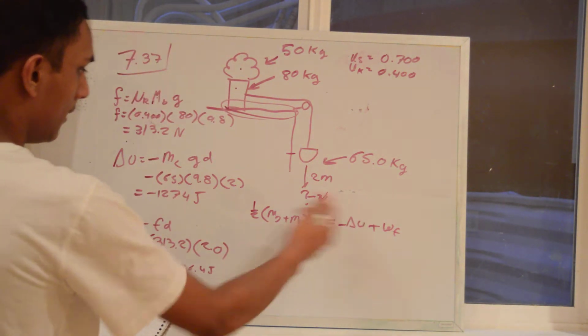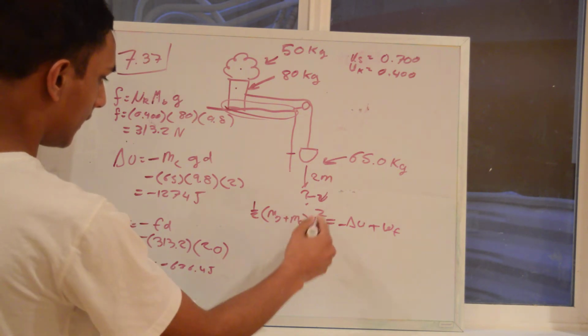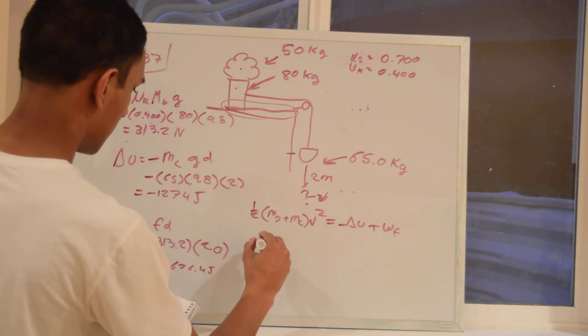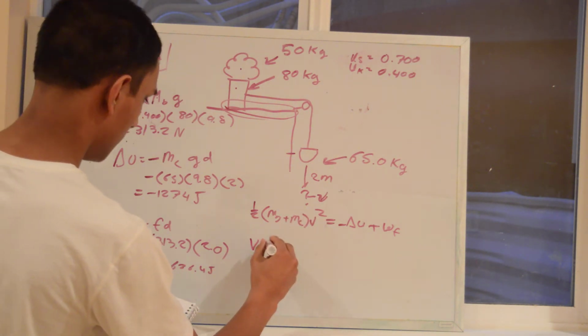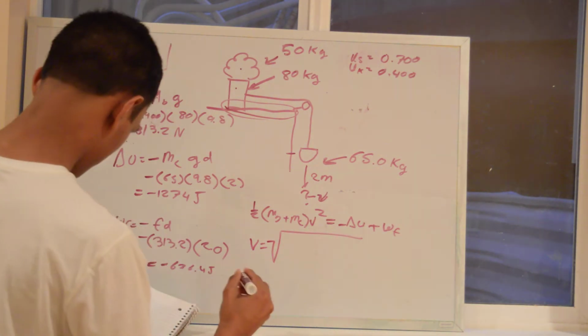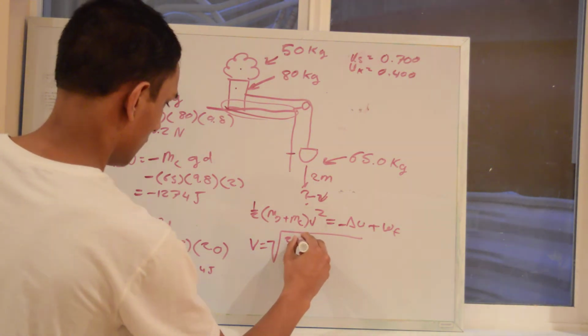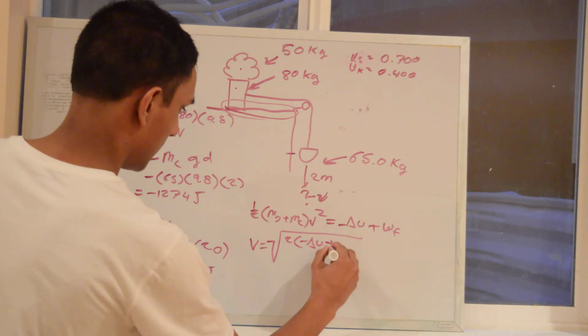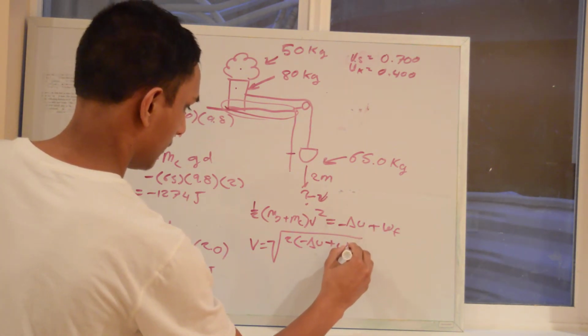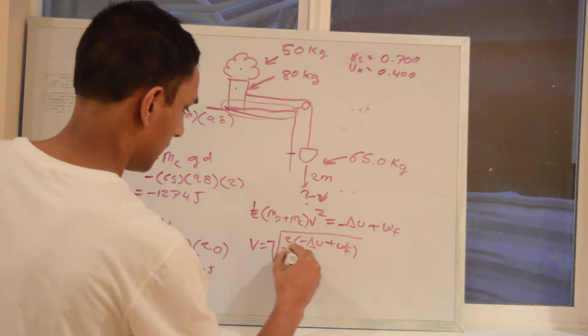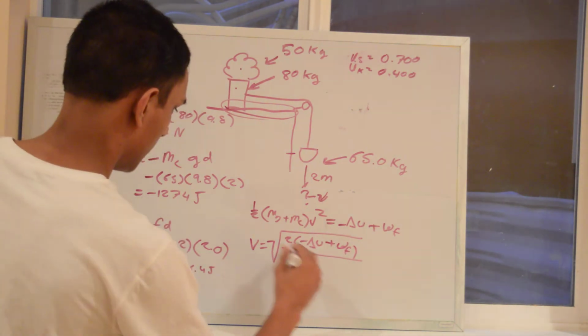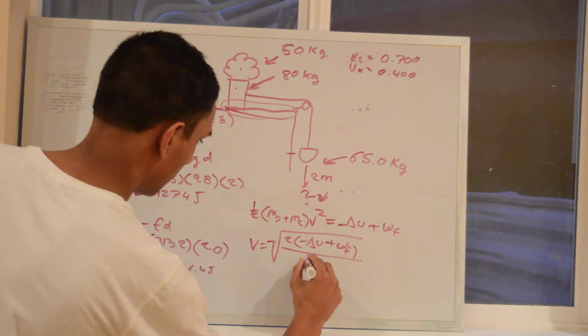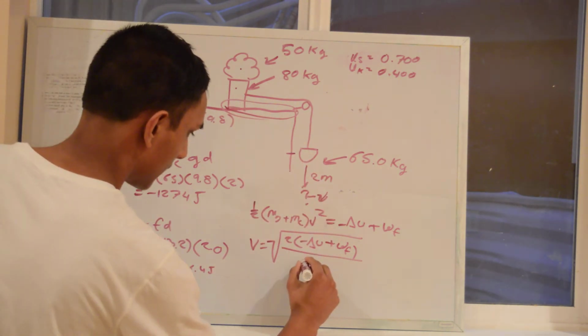And so we'll rearrange this to solve for velocity. We get that velocity is equal to a big square root of 2 times negative delta U plus our frictional work, and we divide this entire thing by the mass of the box and the mass of the concrete bucket.